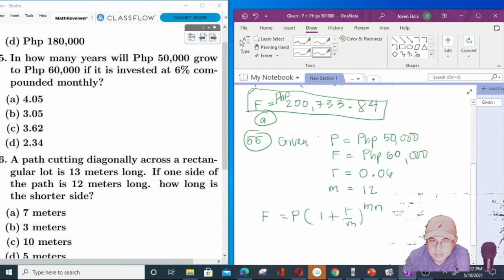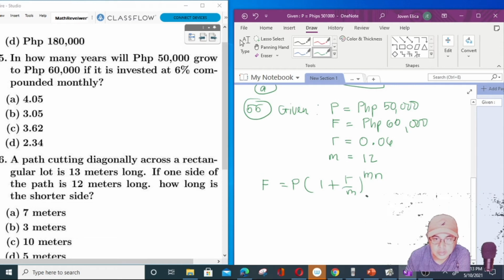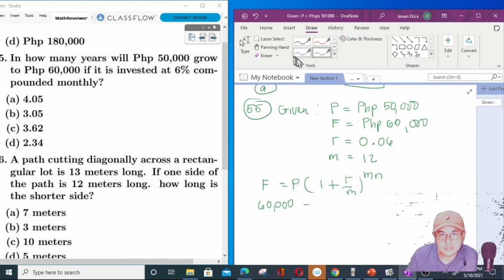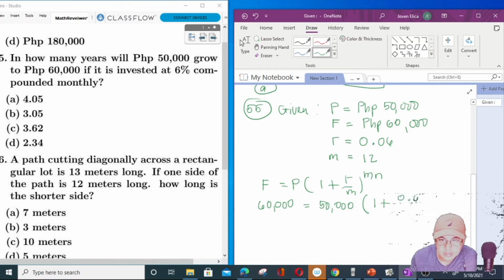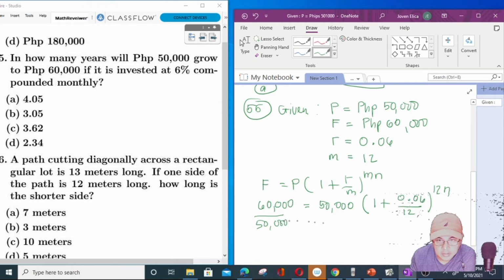Alright? Because we have a nominal rate, since F is given, F is 60,000, P is 50,000 multiplied by 1 plus 0.06 over 12, raised to 12 times N. Okay, so divide both sides by 50,000 so that the 50,000 on the right will cancel out.